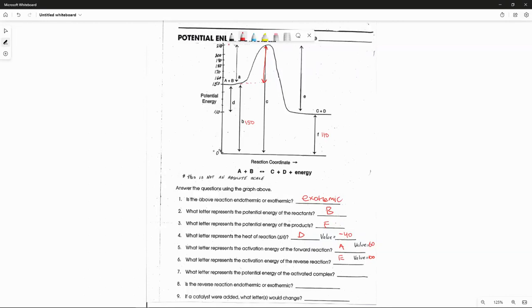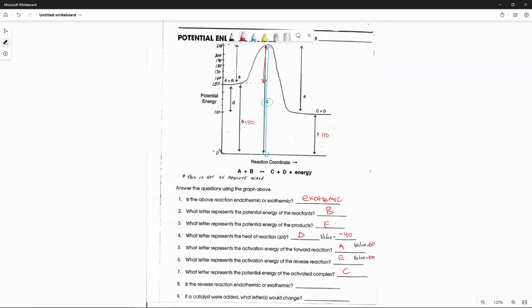What letter represents the potential energy of the activated complex? The activated complex is going to be right here at the top, the tippy top. So we know that from here to here at the way bottom is going to be the activation energy, which is letter C. So we know C. Is the reverse reaction endothermic or exothermic?